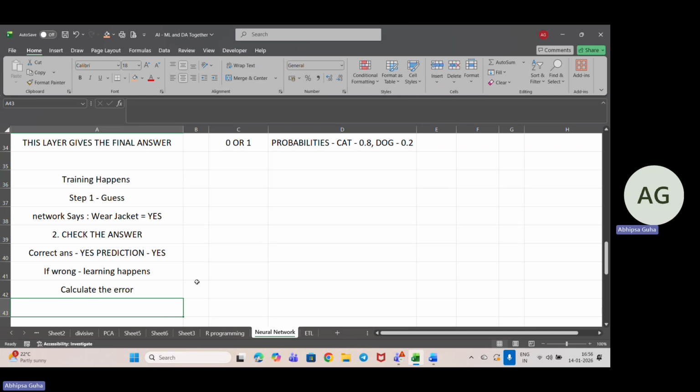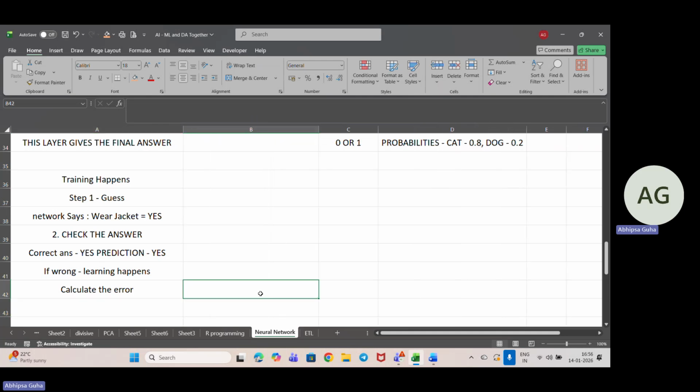So what is the error? Already discussed in the last few sessions. I guess by now you all know what the error is. Error is basically the actual result minus the predicted, so the correct answer minus the predicted answer.